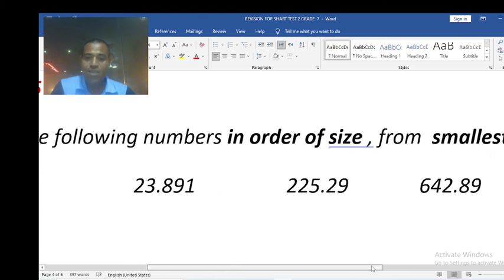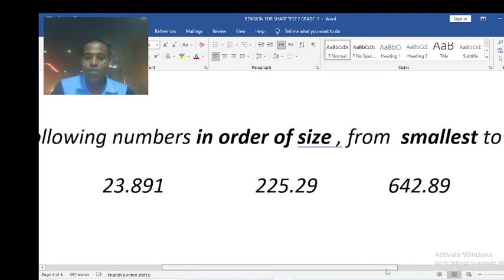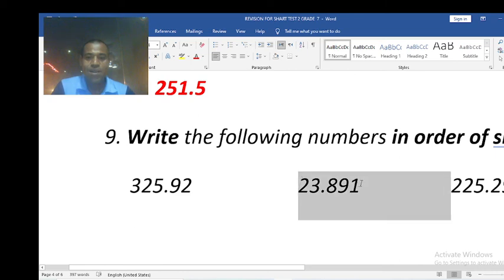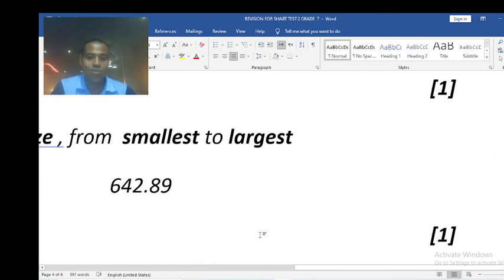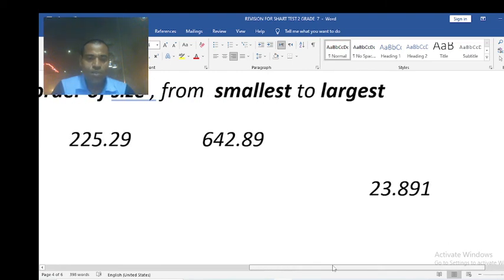This is 225.29. This is 642.89. So it's clear that 23.891 is the first number, the smallest.